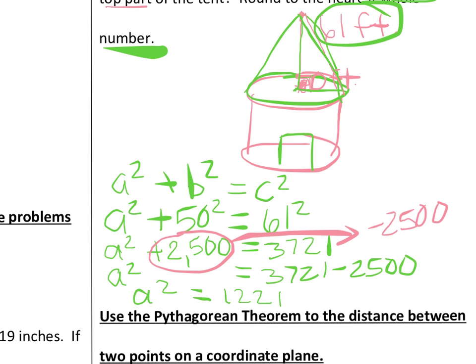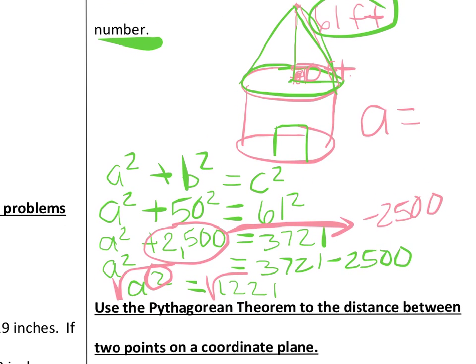So the opposite again of squared is square root. So we're going to take the square root of 1,221. And the square root of 1,221 is 34.9.